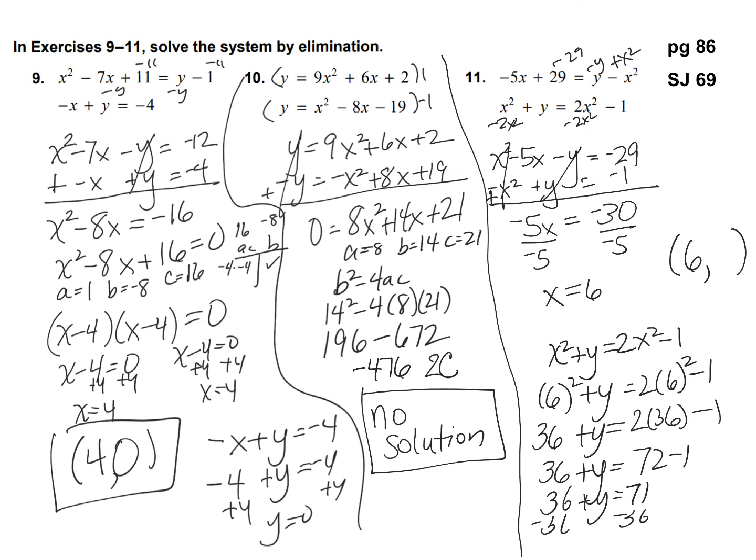Subtract 36. Is that 25? 35. I was going to say 35. Shame on me. Y equals 35. So (6, 35). And I am going to go type that in and make sure it's correct.